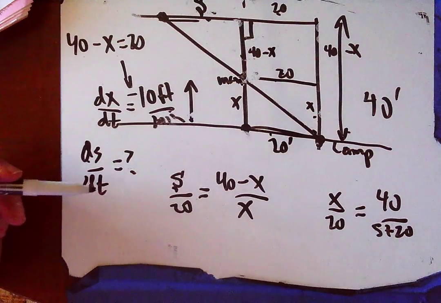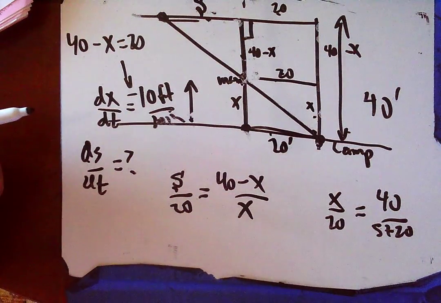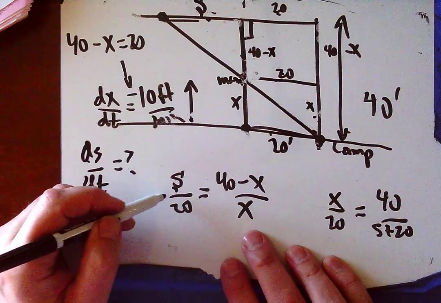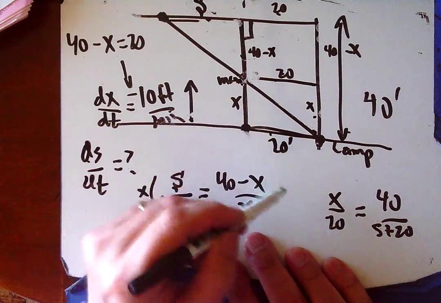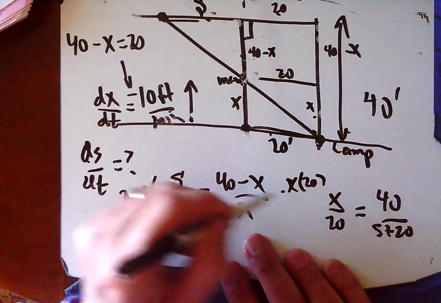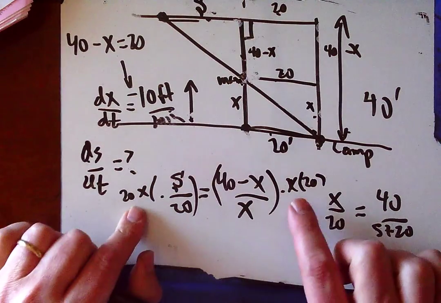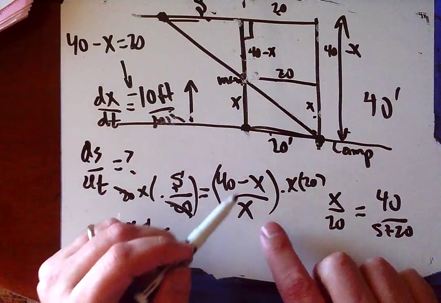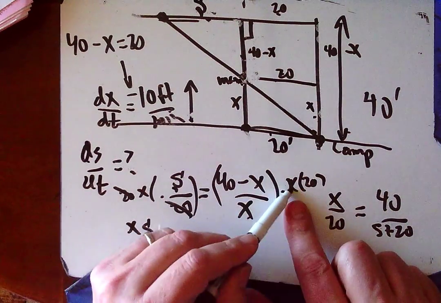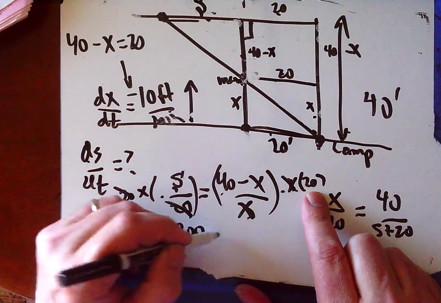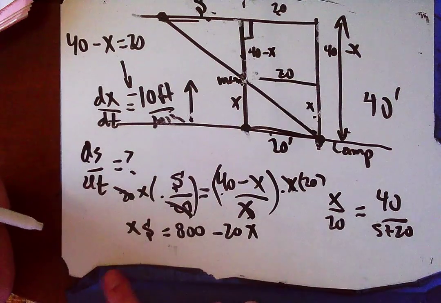And these don't look the same, but I should, in fact, be able to get the same answer. So before I take the derivative, let's just multiply here by x and 20, and here by x and 20. I'm going to multiply both sides by the common denominator, and I end up with xs, and here this x cancels with that one. 20 times 40 is 800 minus 20x. Okay, so I got that.